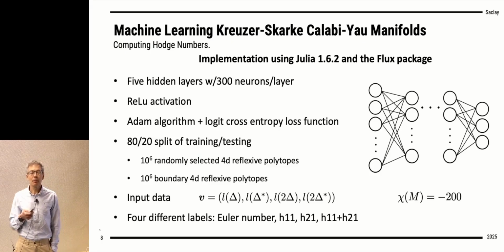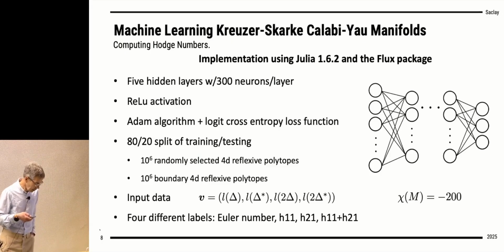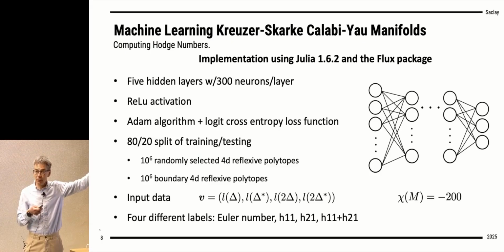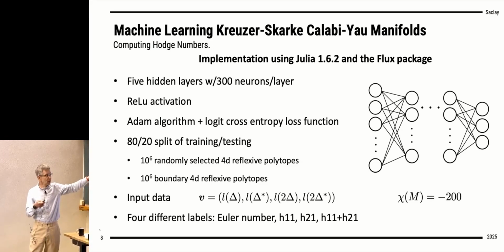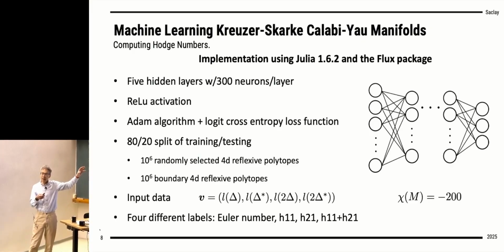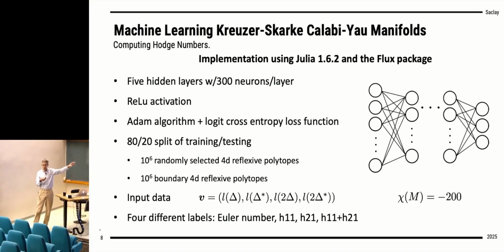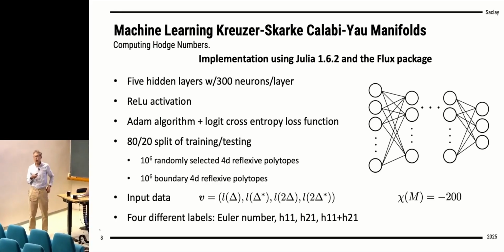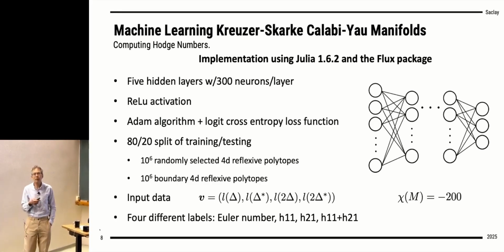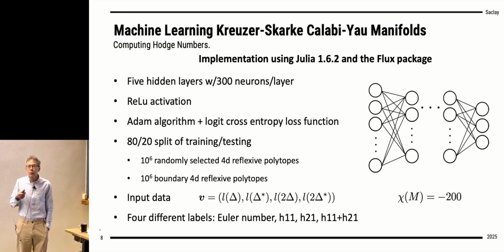In fact, people have looked at a different class of these 6-dimensional real manifolds, the Calabi-Yau manifolds, with different input data, and been able to calculate not just this topological number, the Euler number, but also the individual Hodge numbers, to an accuracy, using a convolutional neural network, even if you might think, what does that have to do with the problem at hand.